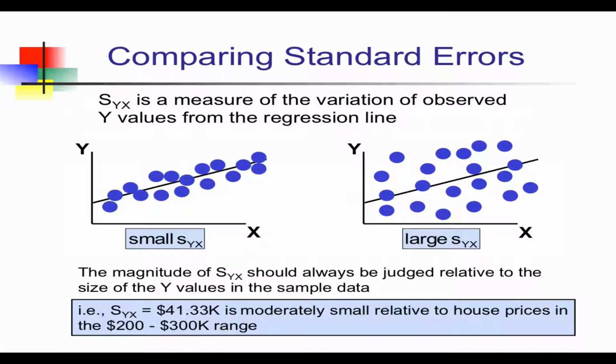On the other hand, if this squared distance is bigger, that means all those observations are further away from this fitted line. So this fitted line is still in the middle of all the points. It's really just that sigma squared is a measure of how tightly those points are clustered around this fitted line.